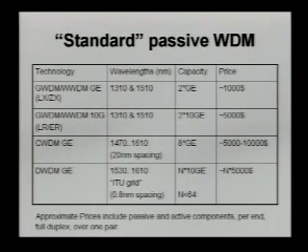You can do coarse wavelength division multiplexing, CWDM, which will give you 8 gigabit over the same fiber. Or you can do dense wavelength division multiplexing for 10 gig Ethernet, and you could get up to 64 10 gigabit channels.